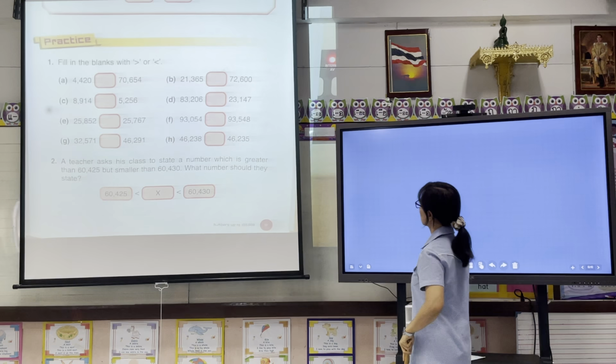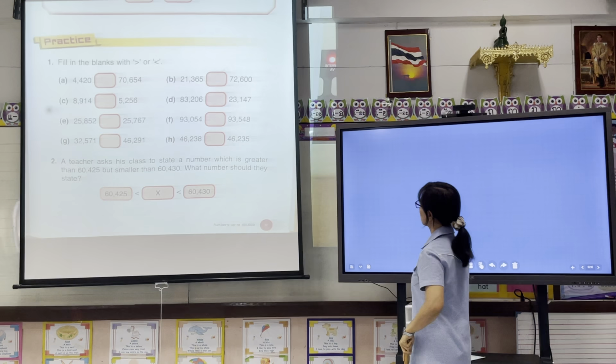So in letter A, number one practice, what do you think is the correct sign? It is smaller than. Where is it smaller? Right there. So please write the smaller sign in the box. That's for letter A, smaller than.